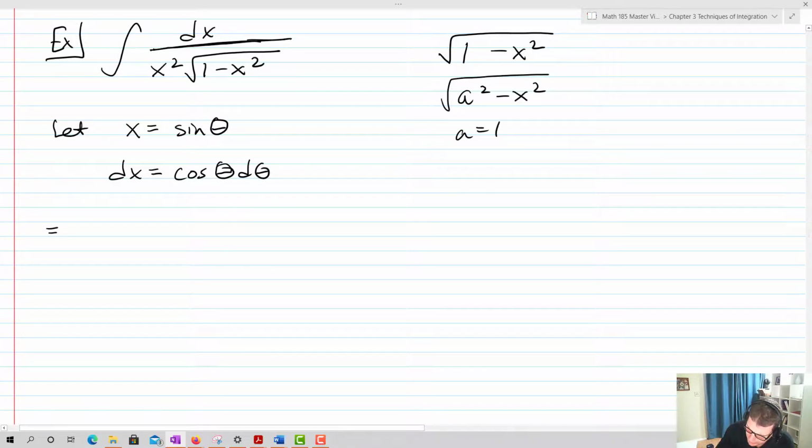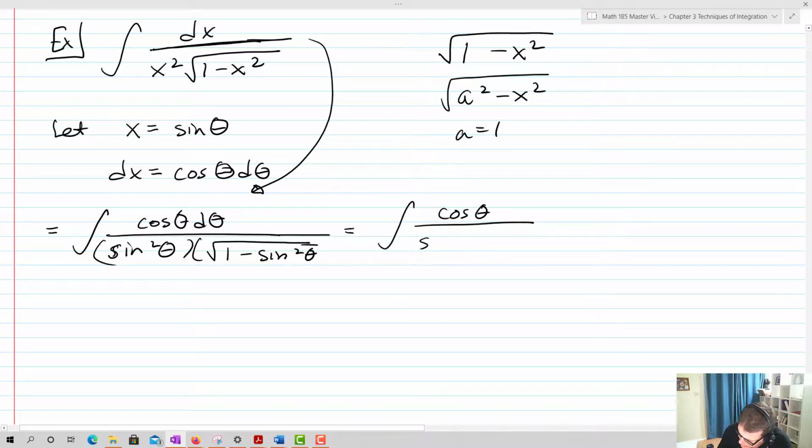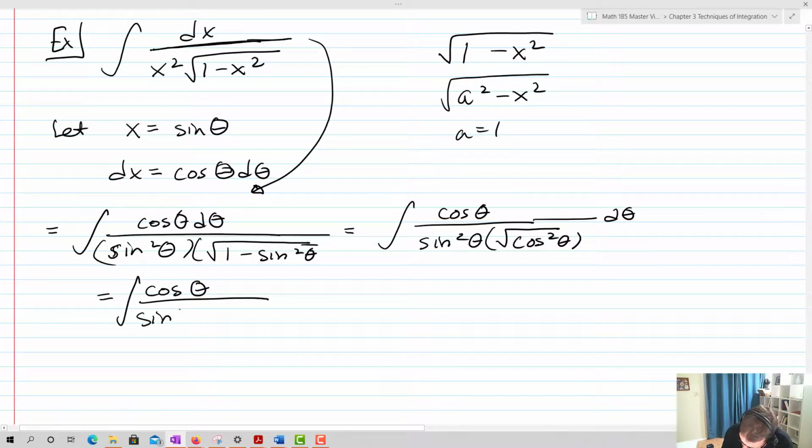So now, when I do my substitution, I'm going to end up with the integral of cosine theta d theta divided by sine squared theta times the square root of 1 minus sine squared theta, which is equal to the integral of cosine theta divided by sine squared theta times the square root of cosine squared theta d theta.